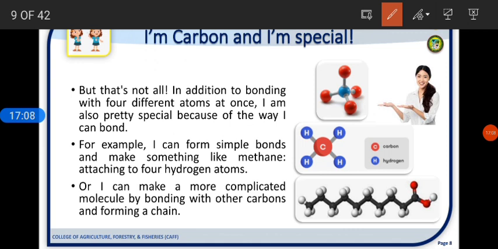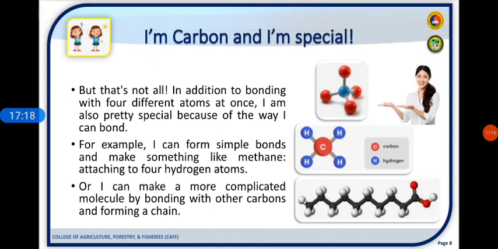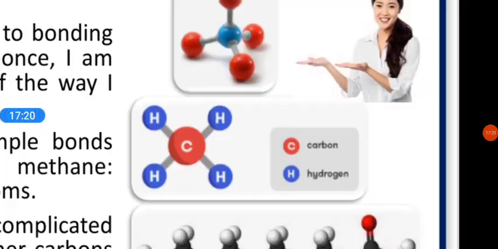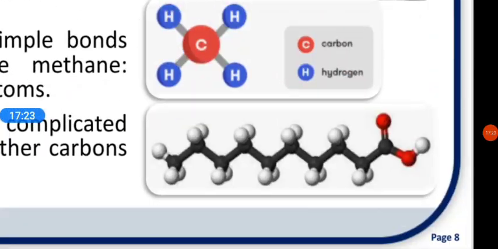And sometimes, not only that, carbon can also make complicated molecules by bonding with other carbon and forming a chain. So look at this one. Let me zoom in. The black balls you have there.